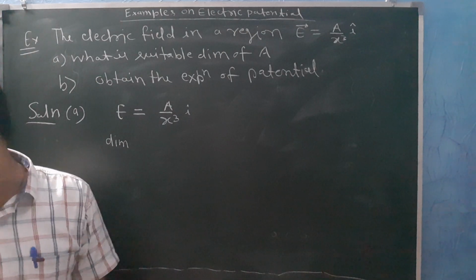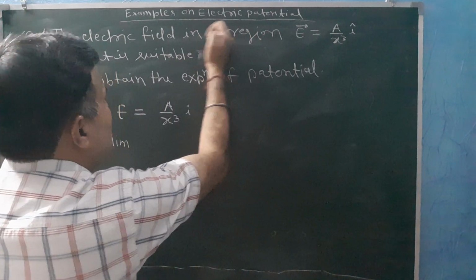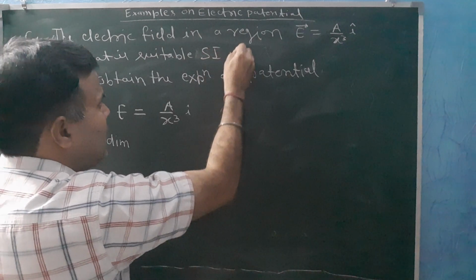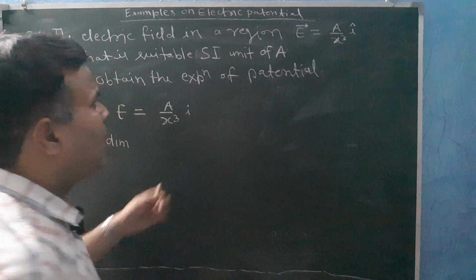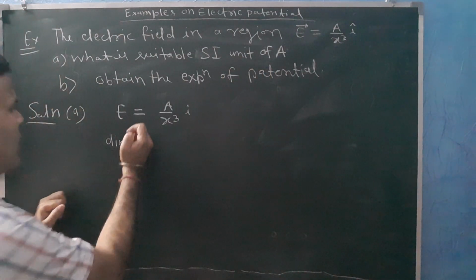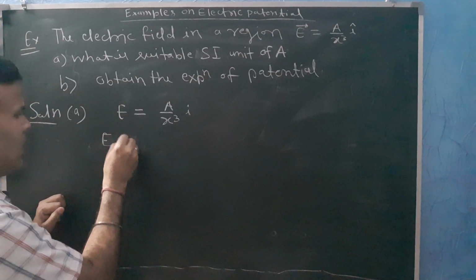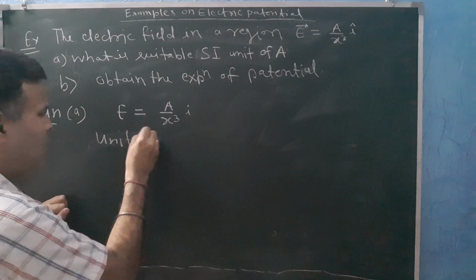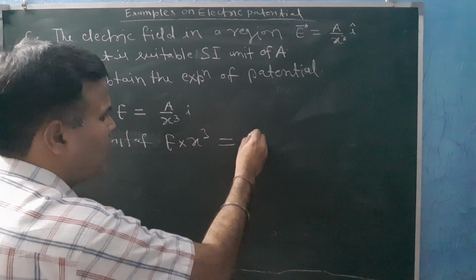What is the suitable SI unit of A? Once we know the unit, we can easily find the dimension also. So E into x cube is equal to A.